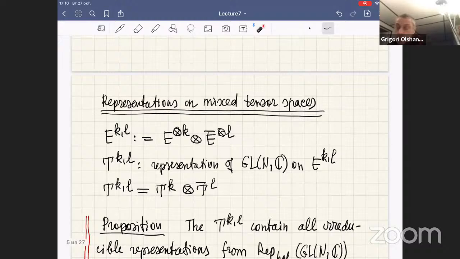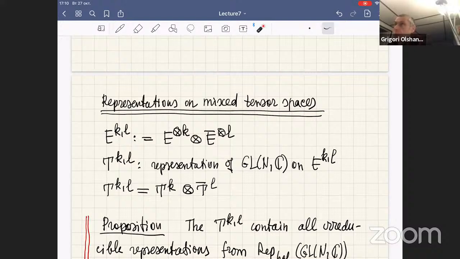But what next? Today I would like to explain two interrelated generalizations of the Schur-Weyl duality. Why do we need a generalization? This is because polynomial representations form only part of all representations. Not every representation is polynomial.